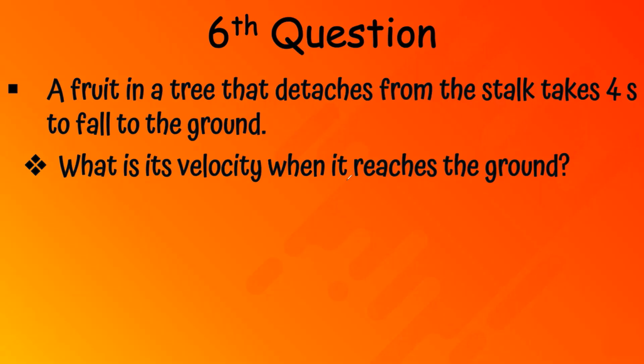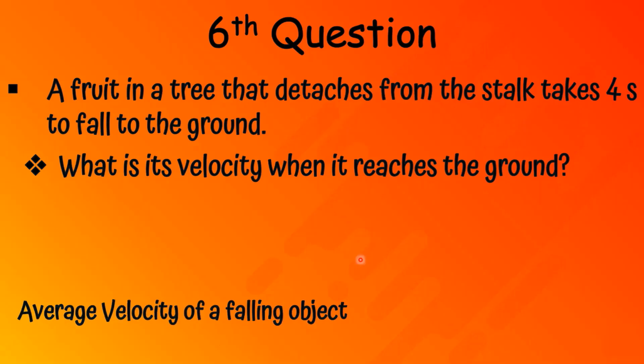What is its velocity when it reaches the ground? So we need to calculate the velocity when it reaches the ground. So what is the gravitational acceleration? This is the acceleration of a falling object, 9.8 meters per second.